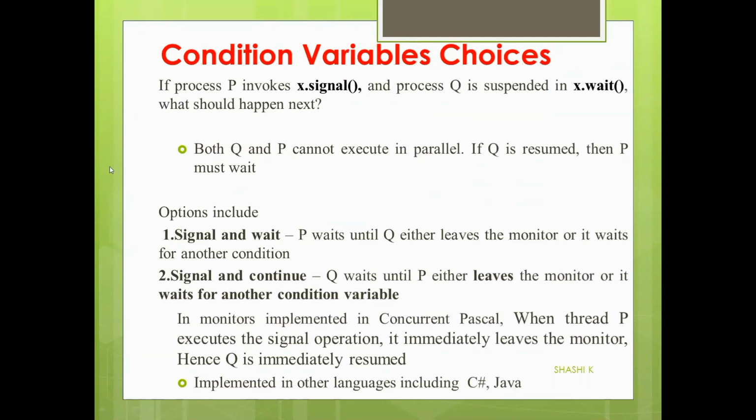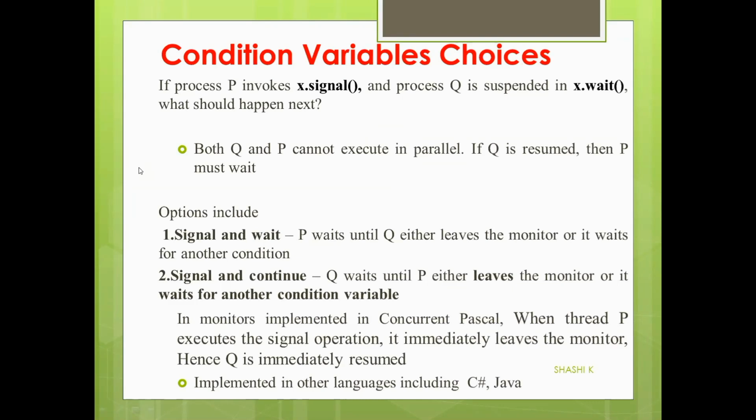So here what happens is that, let's say you have two processes P and Q. P is currently executing inside the monitor, and you have another process Q which is waiting for condition variable X. If the process P, which is currently executing inside the monitor, invokes X dot signal of, then what happens conceptually?